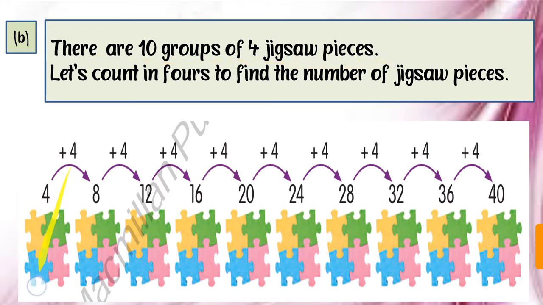Let's count: 1 group, 2 groups, 3 groups, 4 groups, 5 groups, 6 groups, 7 groups, 8 groups, 9 groups and 10 groups. So total 10 groups are here, and each group is having 4 jigsaw pieces. 1, 2, 3, 4. Each group is having 4 jigsaw pieces, and all are the same.